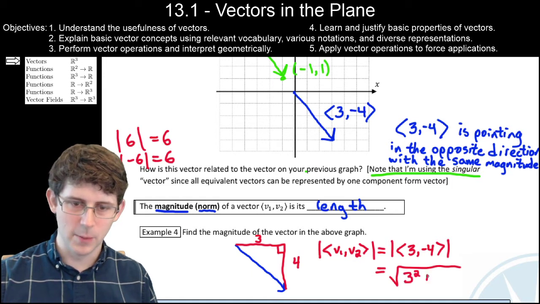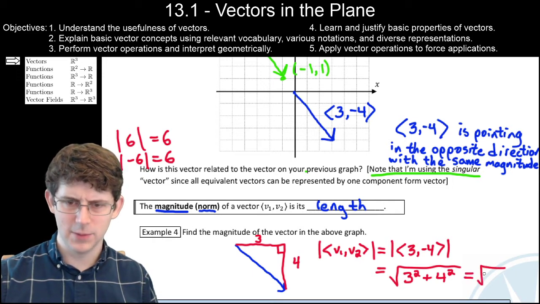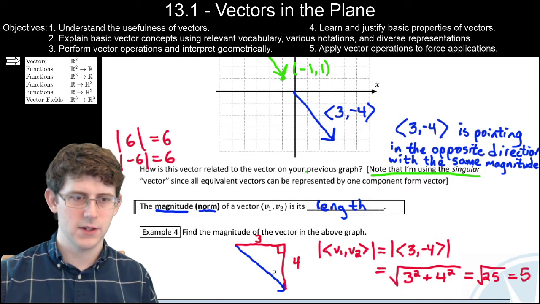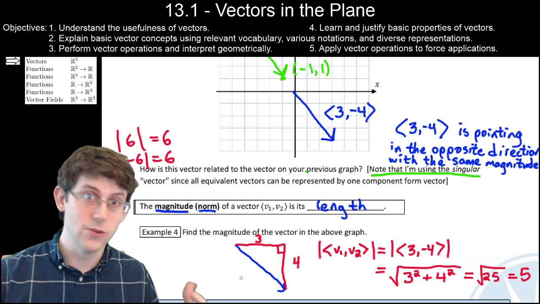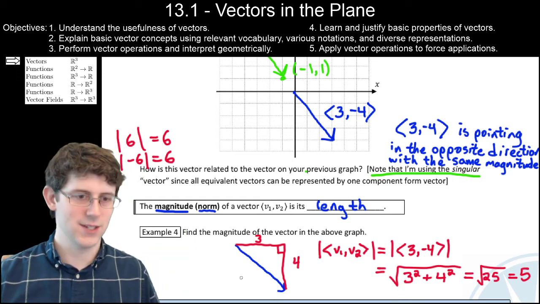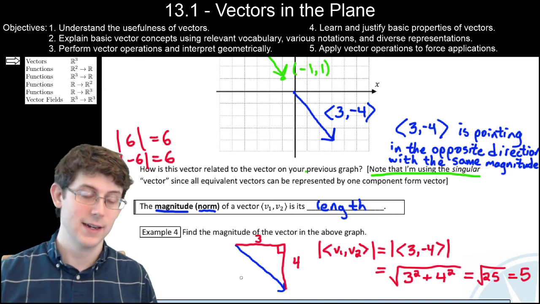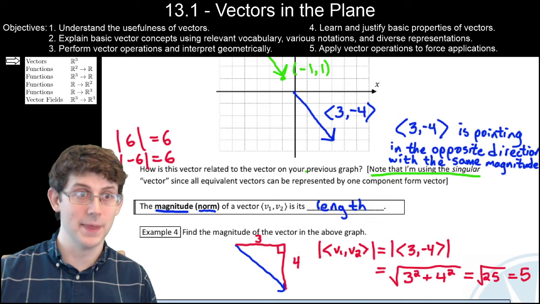So you square all the components, add them up, and take the square root. In this case, we get the square root of 9 plus 16, so you get 5. So the magnitude of this vector is 5. And this is no new magical object or new magical calculation you're doing. Instead, this is just basic geometry that you've done forever, as long as you feel comfortable putting a right triangle on a picture when there isn't one there.